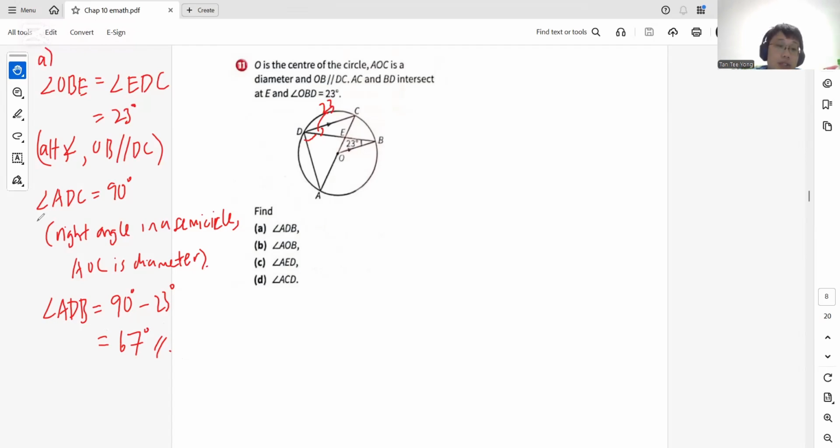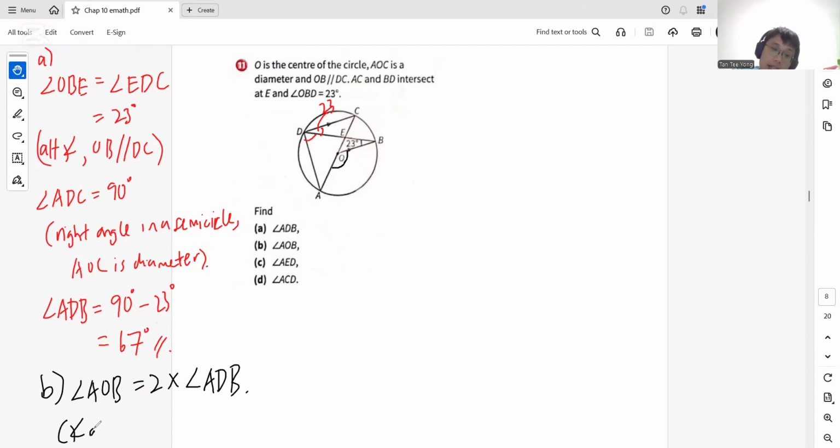All right, so let's move on to the next part, part B. So AOB is over here. So just one angle property. I can say that angle AOB is 2 times angle ADB. How come?